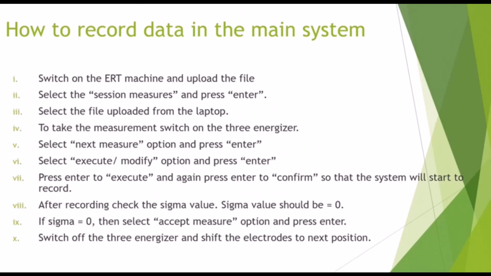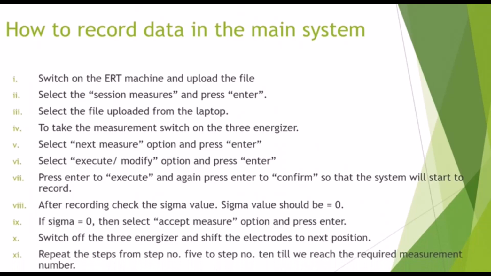To collect the data for the next measure, we have to switch off the tree energizer and then shift the electrodes to the next position. Then, to get the data for the next measures, repeat the steps from step number 5 to step number 10 till we reach the required measurement number.